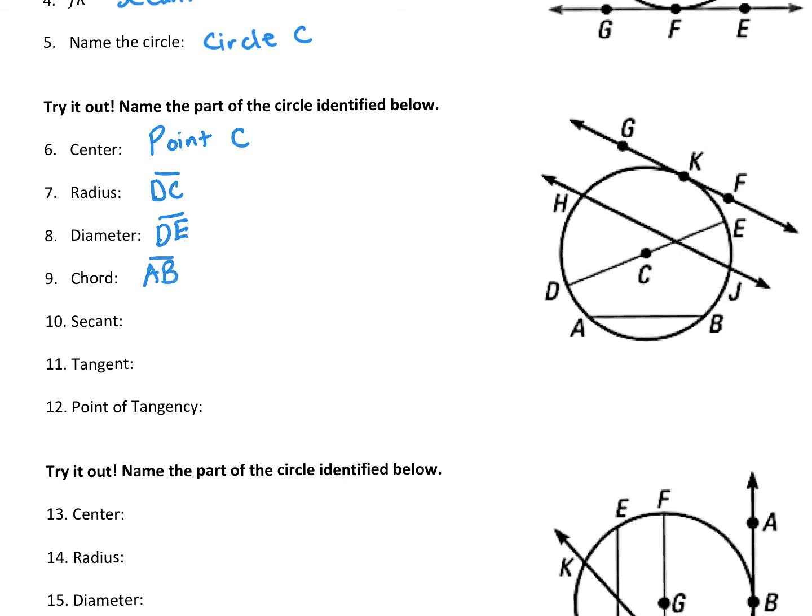A secant needs to be a line, and I see a line that goes through it, HJ. Want to put the arrows on the ends for line. Tangent is GF, but we want to put the line to indicate line. And the point of tangency, where it hits the circle, is point K.